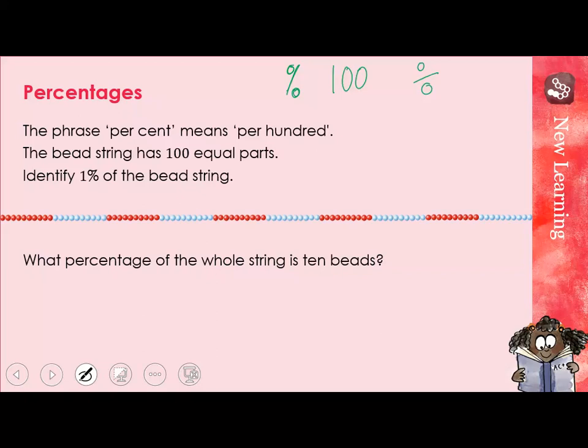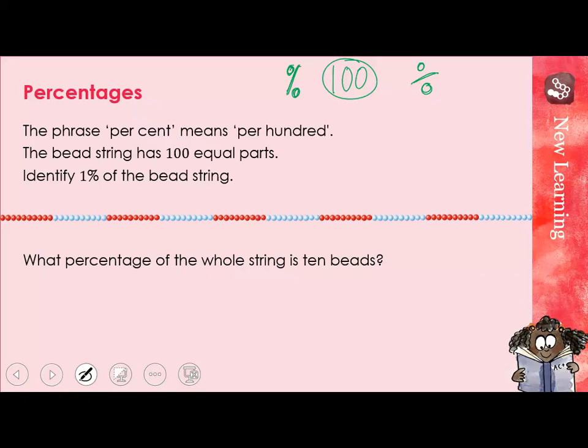So that is how we can sort of tell that we're working in hundreds. We're talking about something to do with 100, and we're sort of talking about something out of something else as well. So we're talking about fractions of things.